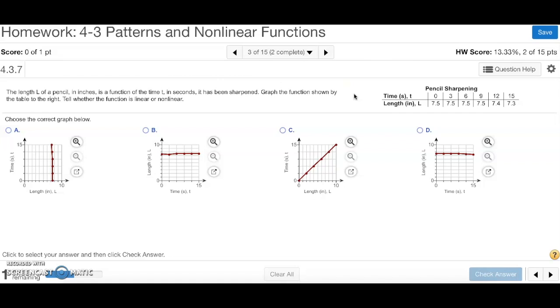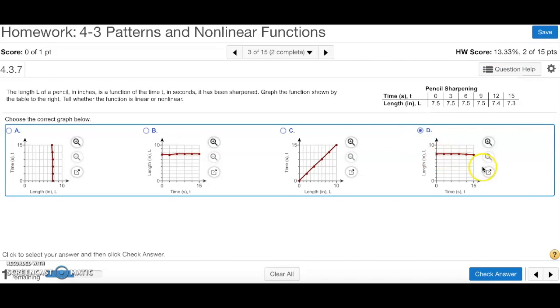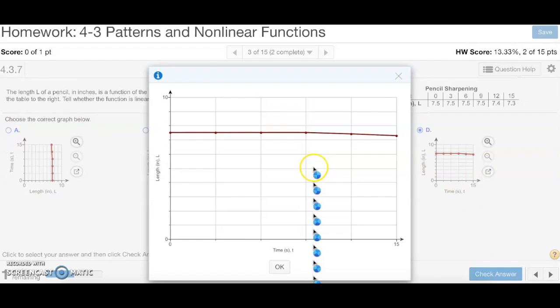So that tells me that, looking at our graph, we should have basically a constant graph going from 0 to 9, not changing at all, and then decreasing. So the only one that looks like that is going to be D. We see this one is the same for 9 seconds and then starts to go down.